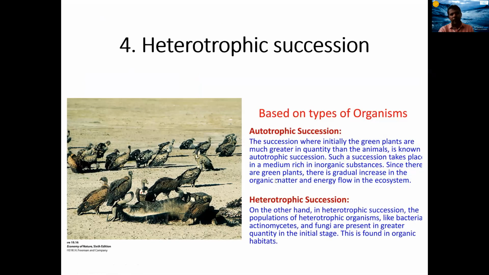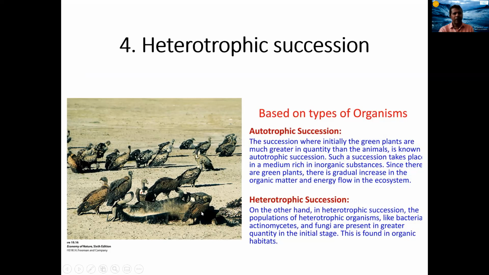Some heterotrophic organisms, for example bacteria, fungi, or this kind of animals that depend on plants, can also move into an organic habitat, like in this case. In this case, it's a dead body, right?